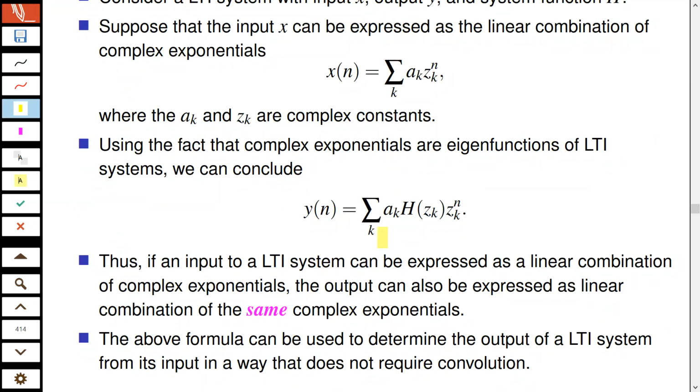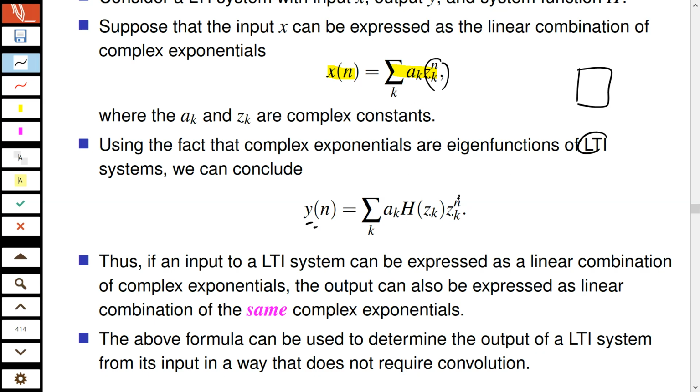What that means for us is that if we start with any signal x and we express it as a linear combination of these special functions, and we apply it to an LTI system, the output will be of the same form.